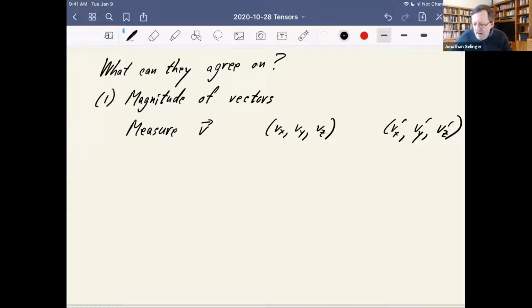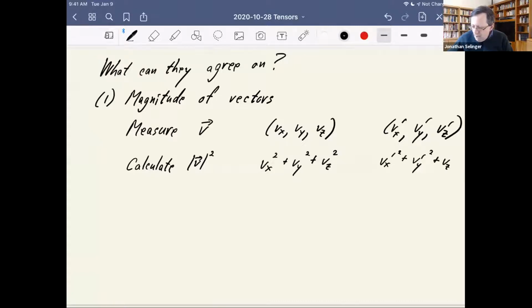But then maybe they go to calculate the magnitude of the velocity vector squared. One of them calculates Vx squared plus Vy squared plus Vz squared. The other one calculates Vx prime squared plus Vy prime squared plus Vz prime squared. And then they say, whoa, these things come out equal!